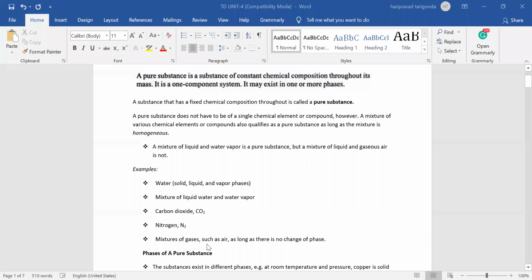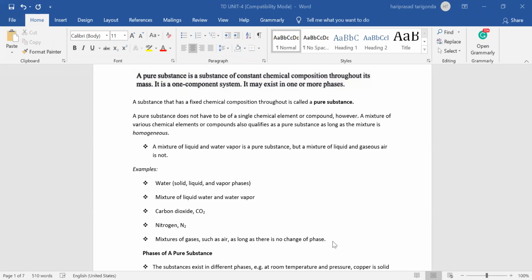Also a mixture of gases such as air, as long as there is no change of phase. Air is a mixture of many gases, and that is also treated as one pure substance. So that is the definition of pure substance.